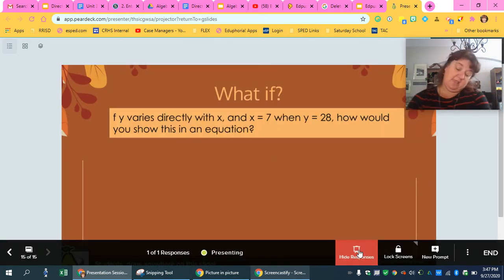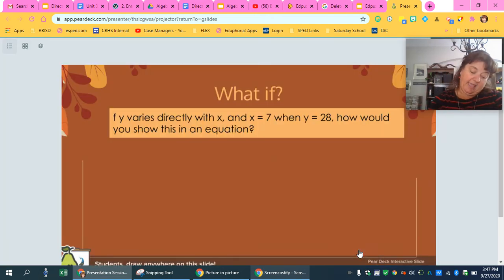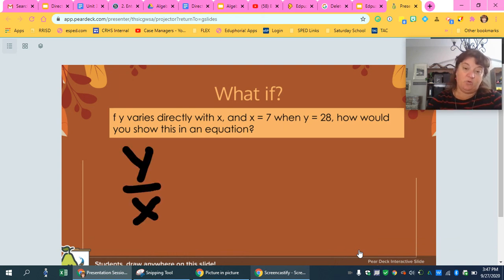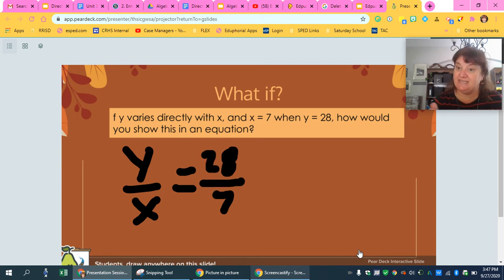We remember that y goes over x. Remember that? And we're saying that x is 7 and that y is 28. Now, we don't have another number to replace in here, but you still do the same thing. What we're going to do is get it back to the y equals mx equation.